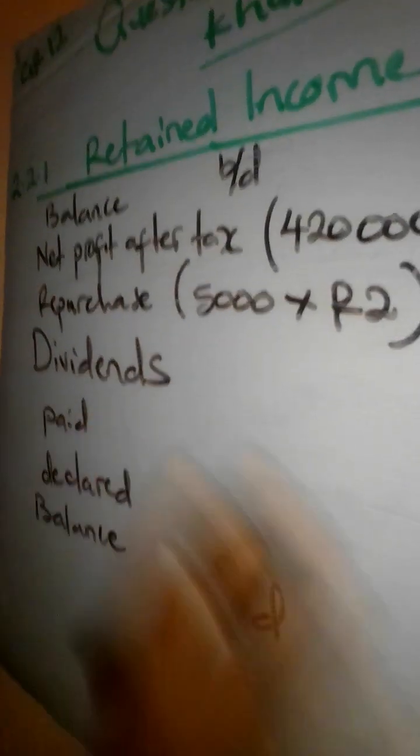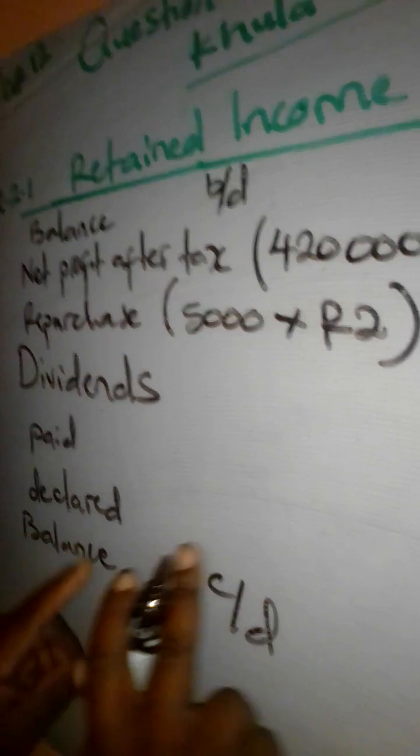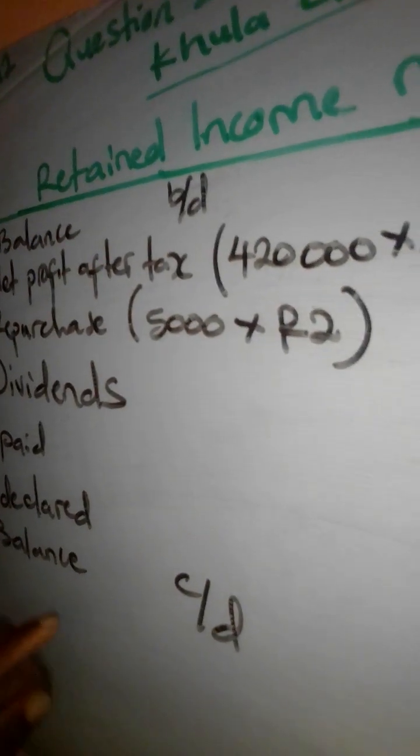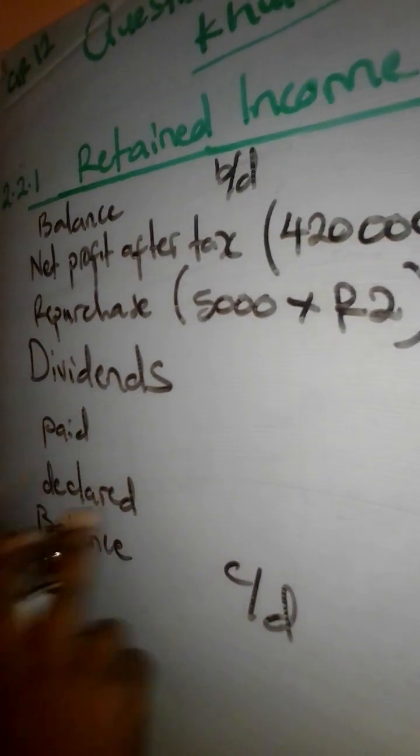All right, fine. If we are given the total for the dividends, and we also want to know the paid and the declared, let's go back to the information that is given from the extract from the balance sheet. The amount that is shown in 2023 for shareholders for dividends, 70,000, indicates our declared dividend.